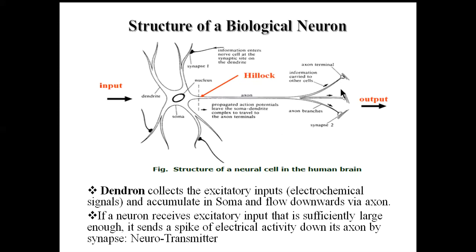If the neuron receives a sufficient amount of excitatory input, it can excite the next neuron using its synapse. So if a neuron receives excitatory input that is sufficiently large, it sends a spike of electrical activity down its axon, using neurotransmitters at the synapse. This is basically the working principle of a simple biological neuron that exists in our human brain.